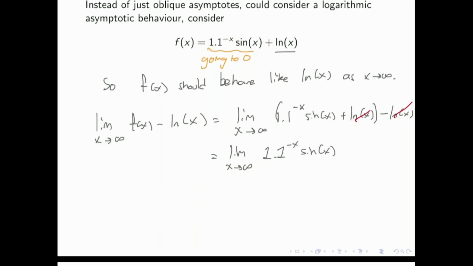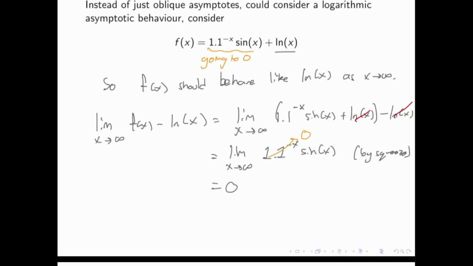And that's going to 0. We could invoke the squeeze theorem if we wanted to be careful about our reasoning here. So it seems like the natural log of x is a sort of asymptote for this function.